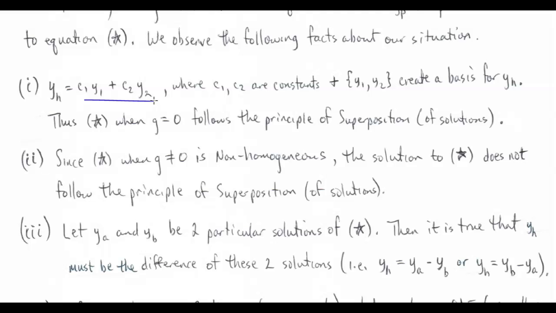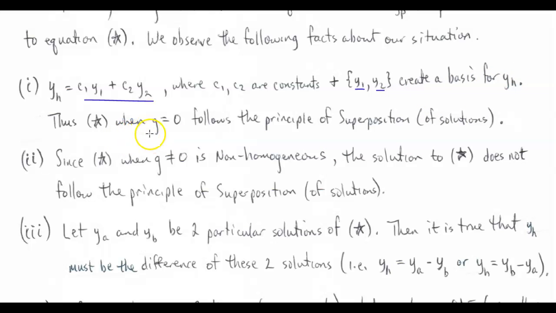That's a fancy way of saying that for the two functions y1 and y2 that are solutions to our homogeneous equation, any linear combination of these two will also be a solution. Of course, y1 and y2 create a basis for our homogeneous solution here.